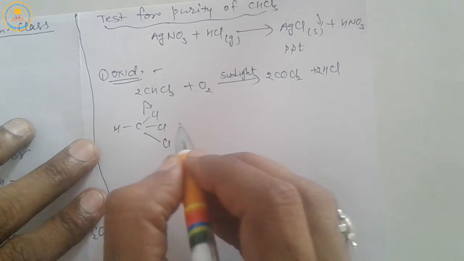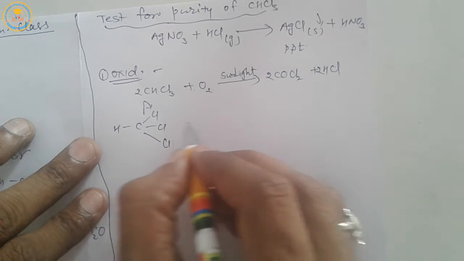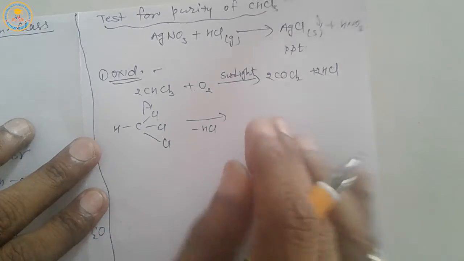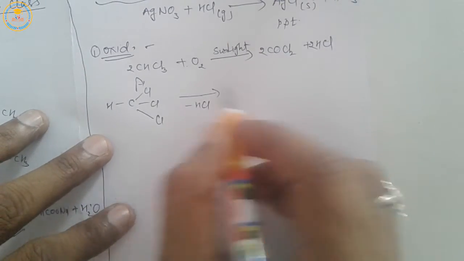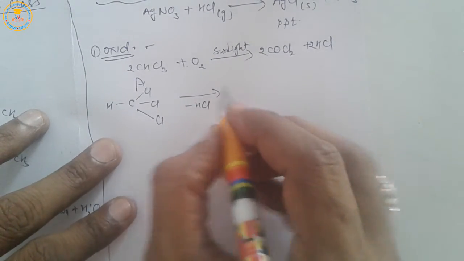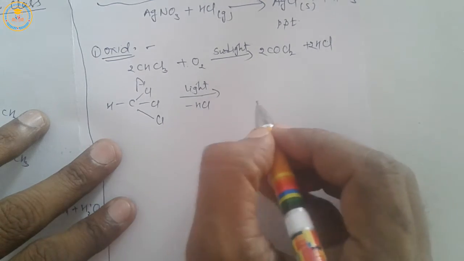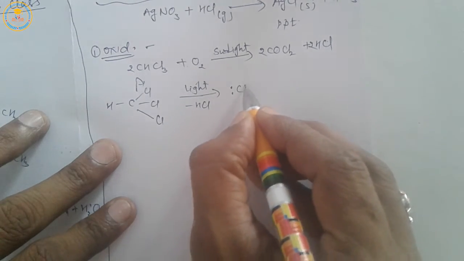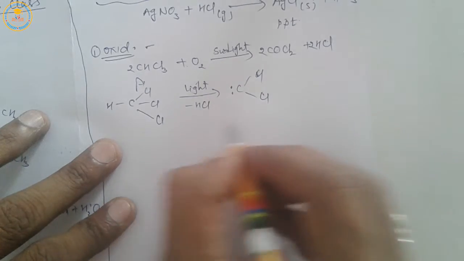Halogen has more electronegativity than carbon. So, after removing one HCl molecule from chloroform in presence of light, dichlorocarbene is formed.